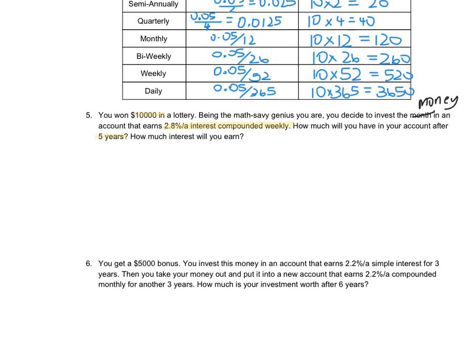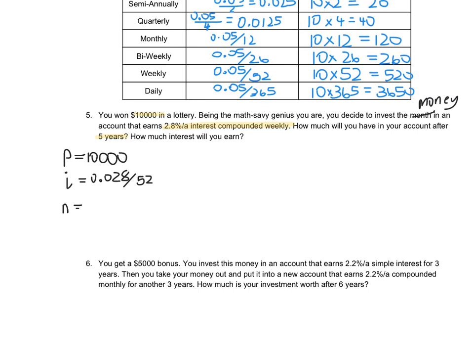So first thing, I know that my principal is $10,000. And now I have the interest and the number of compounding periods, not the rate and time. So my interest is going to be that 0.028, but I have to divide it by 52 because it's compounded weekly.